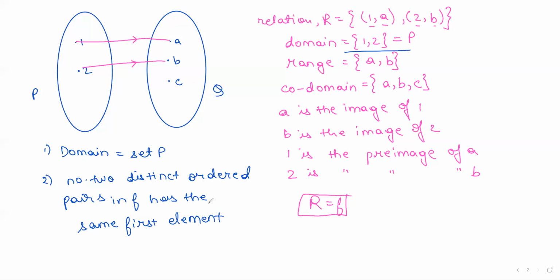That means for a relation to be a function, apart from the domain being equal to set P, you should not have two images having the same pre-image, or no two images should have the same pre-image.